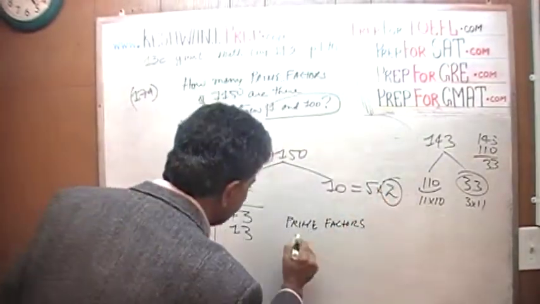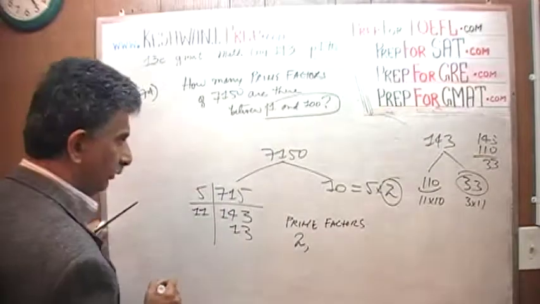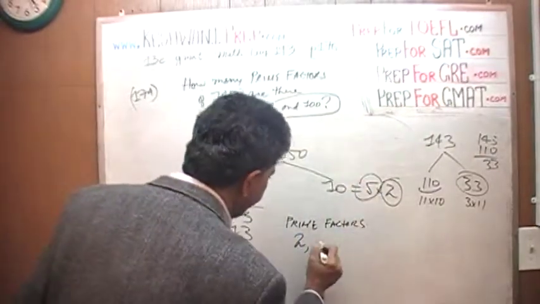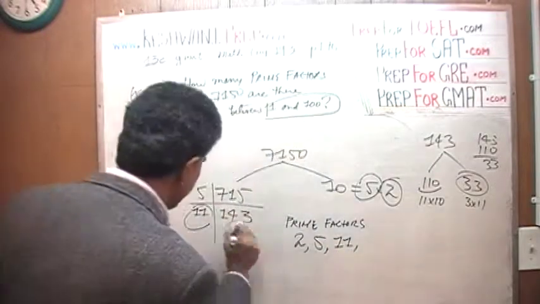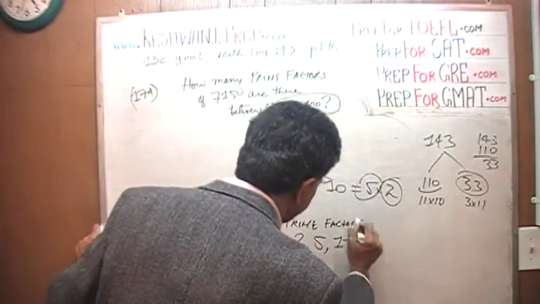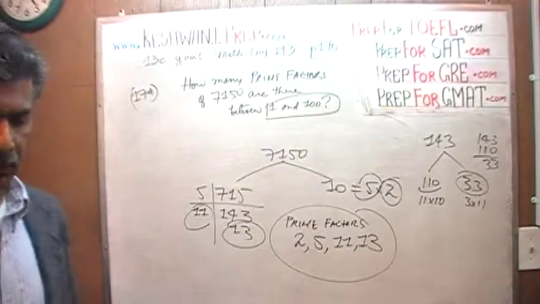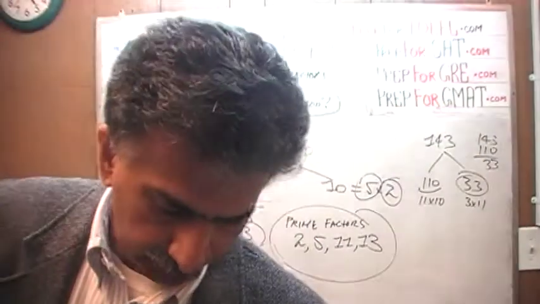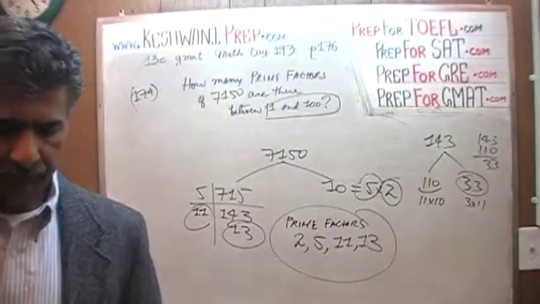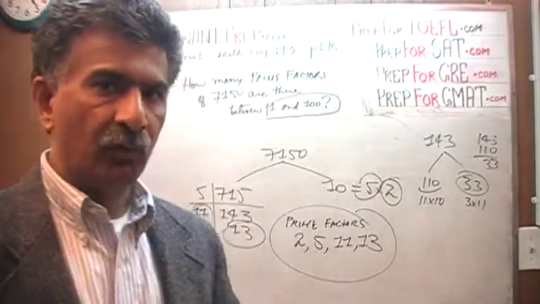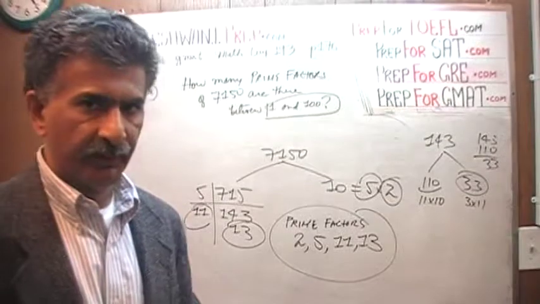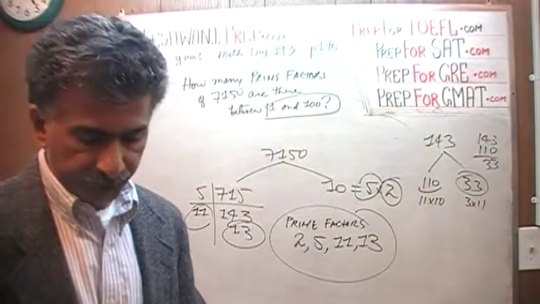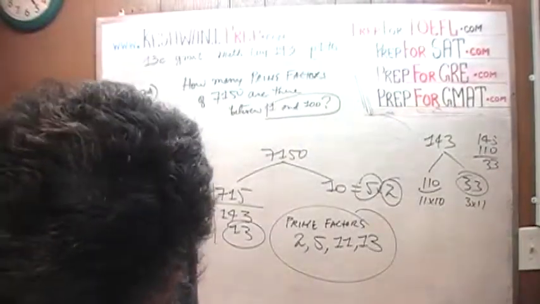The smallest one is 2, then there is no 3, then we have a 5, and then we have an 11, and then we have a 13. Voila. It has 4 prime factors that are less than 100. 7,150 has 4 prime factors as opposed to the one we did before, which was 1,750. That's it. We're done. The answer is 4, and that is answer choice B.